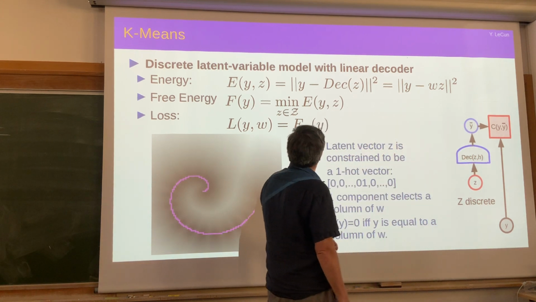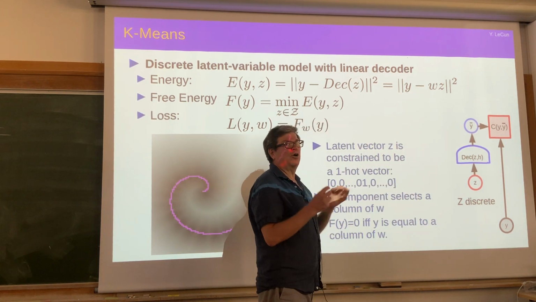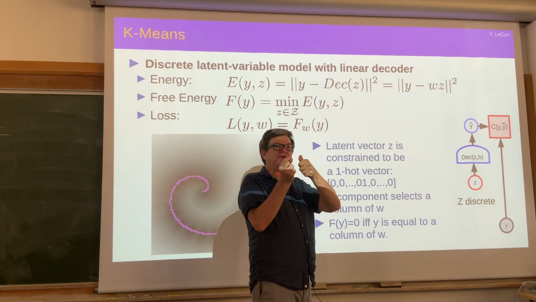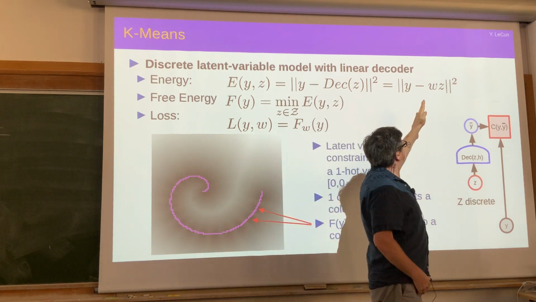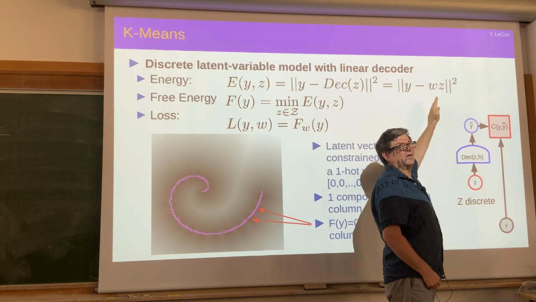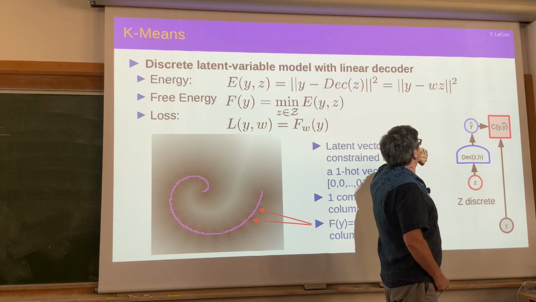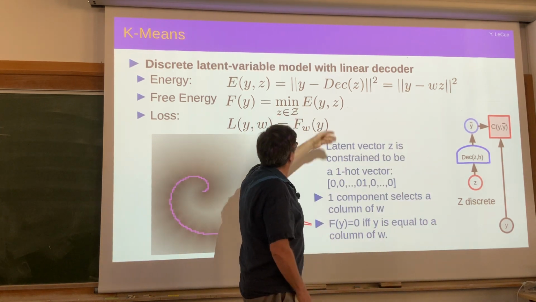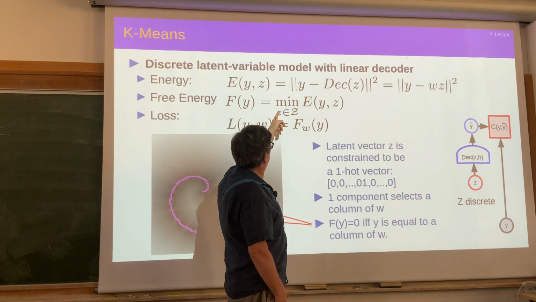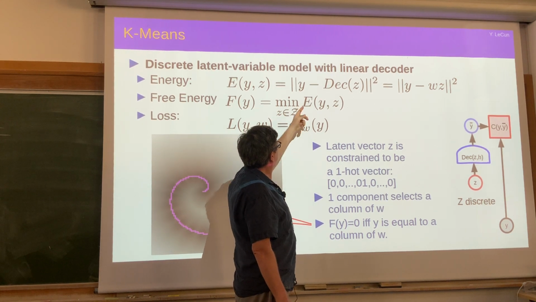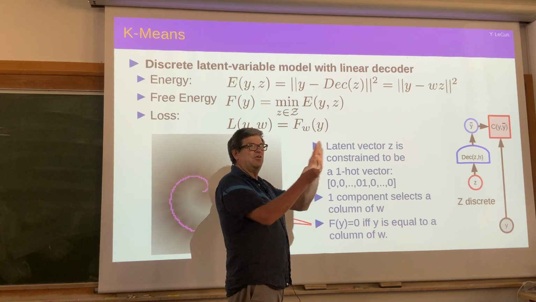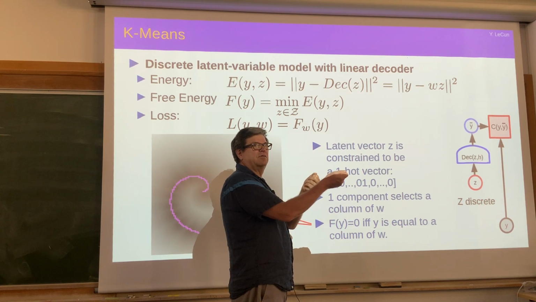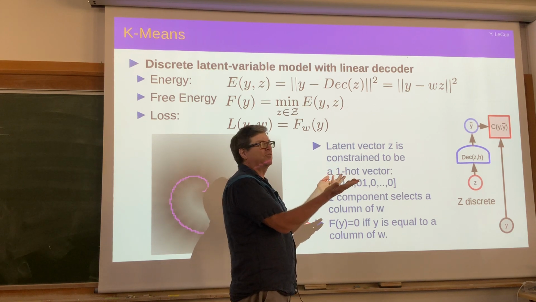You constrain the z vector to be one-hot, so it is all zeros except one component which is 1. What it does is select the corresponding column in W. When you do the zero temperature inference, trying to find the z within the set of one-hot vectors that minimizes the energy, z picks the prototype, the column of W, that is closest to y. It's very simple.